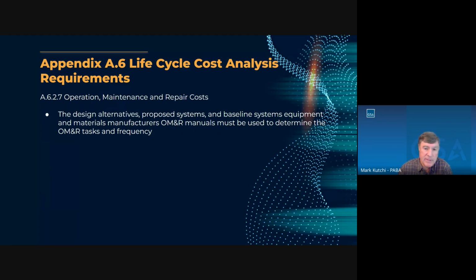For example, if a chiller oil needs to be changed monthly, it will show the time frame and the task for each of those requirements. So it's important to go to that source of information to determine these costs.